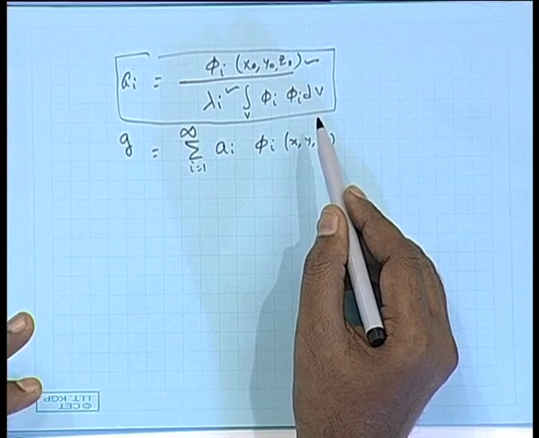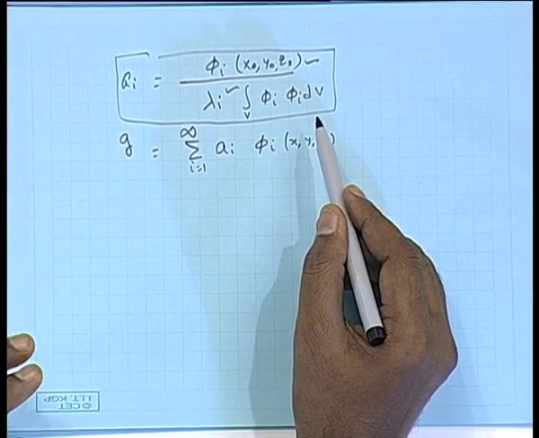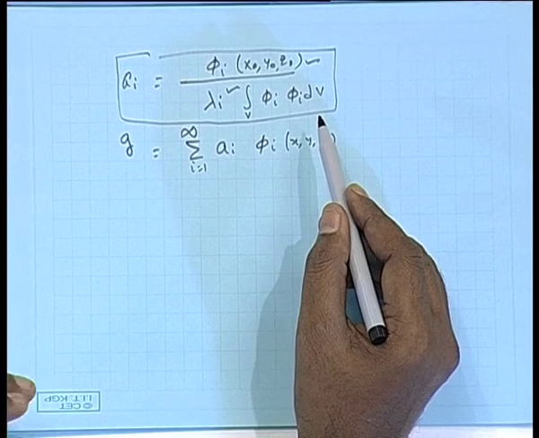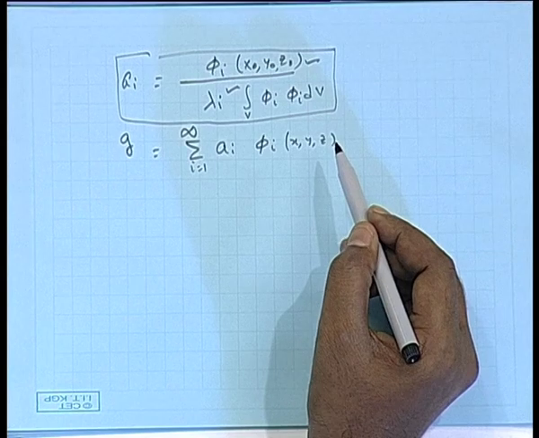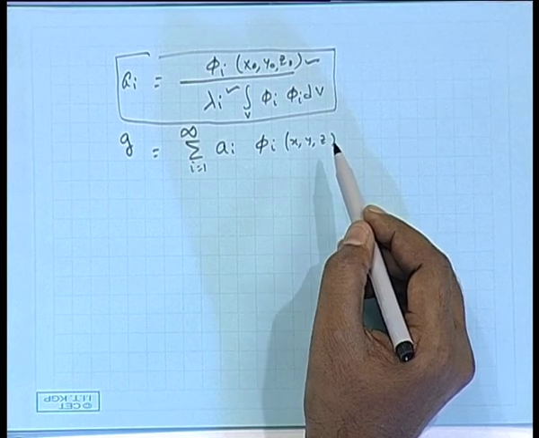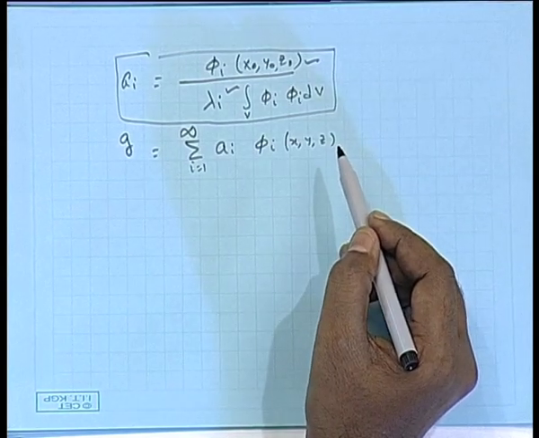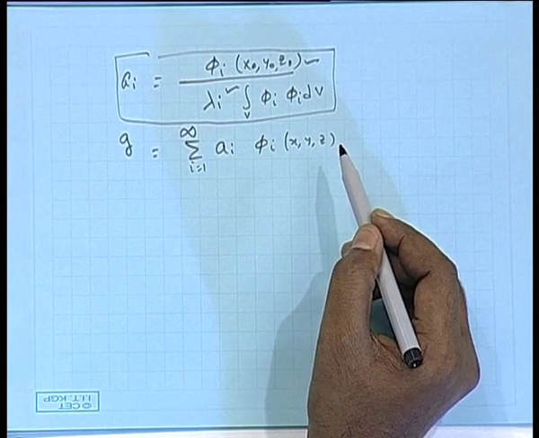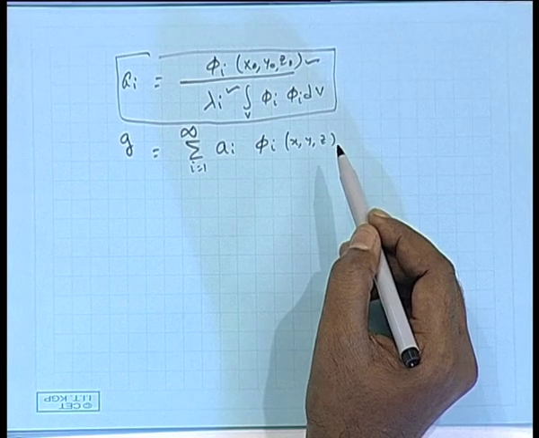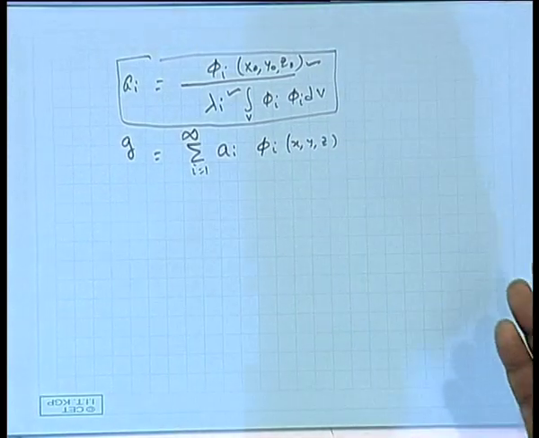Okay. If you remember the eigenfunctions that you have used or calculated whenever you were solving the problems using separation of variables, there was a constant appearing in front of it. Okay. So, you can further simplify it by forcing the eigenfunctions to be orthonormal. Okay. Orthonormal means their norm is equal to 1.